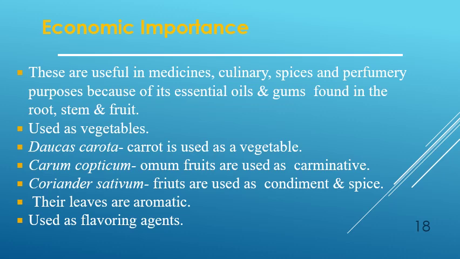The fruits are used for extracting valuable oil, and the seeds are used as spices. In some cases, the fruits and leaves are used as condiment and spice. The fruit of this aromatic herb is used as stimulant, carminative, stomachic, and tonic. It is also used as a flavoring agent.